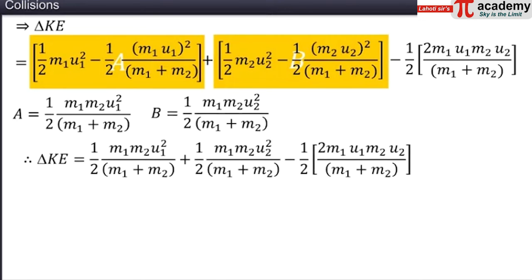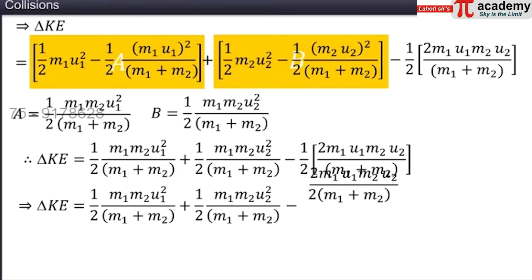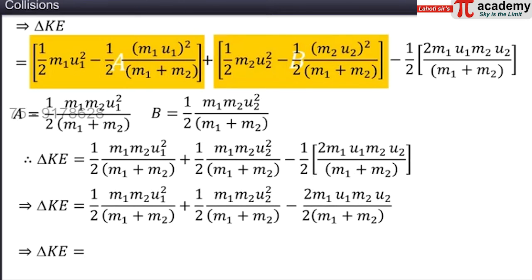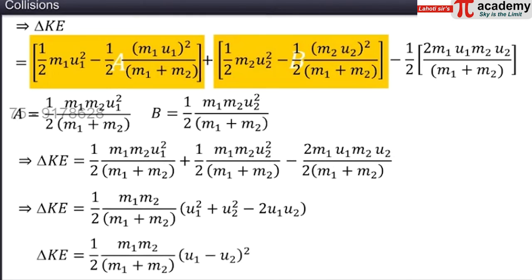Thus, the loss in kinetic energy in a completely inelastic collision, on further simplification, is half m1 m2 by m1 plus m2 into the square of u1 minus u2.